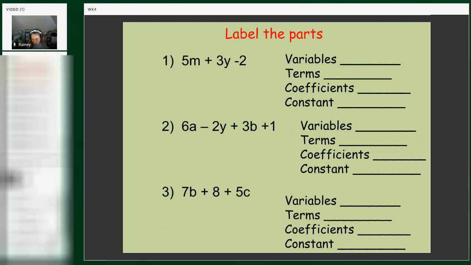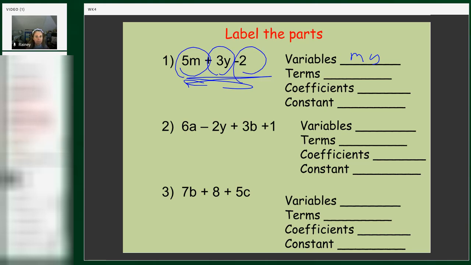All right. You all tell me the answer. This is not on your paper. What are the variables for number 1? Text me a number. How many terms are there? Three terms. There's 3 terms. Coefficients.